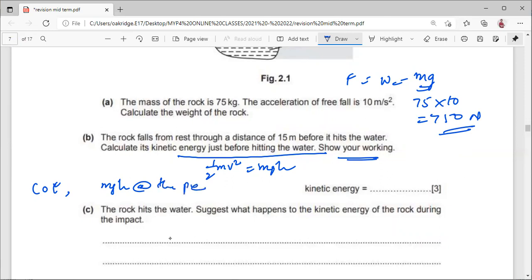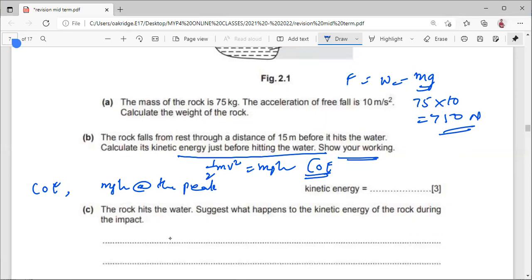When the rock was dropped, its potential energy was mgh, and the potential energy got converted to kinetic energy, and the kinetic energy became maximum when it was hitting the water. And hence we will be able to write half mv square equal to mgh by conservation of energy. For this explanation, you will get 2 marks and 1 mark for the calculation.